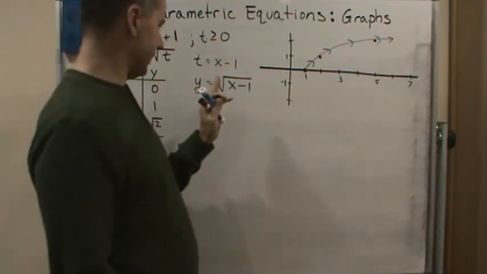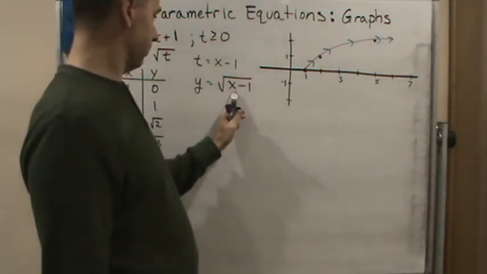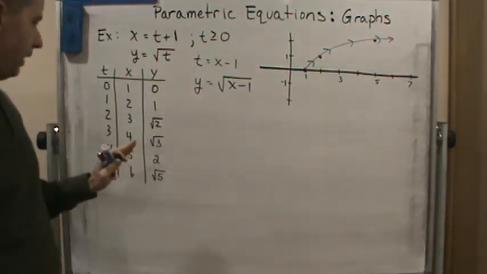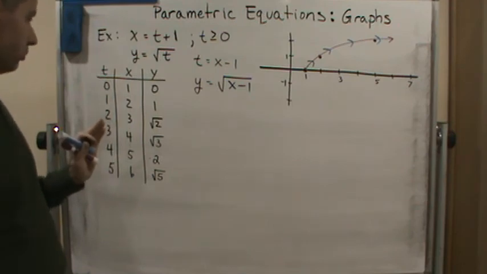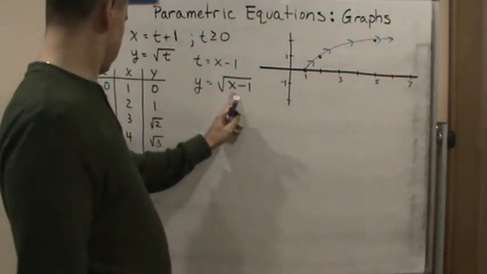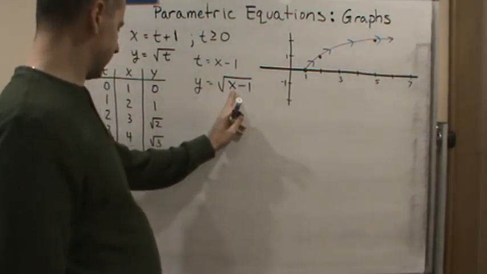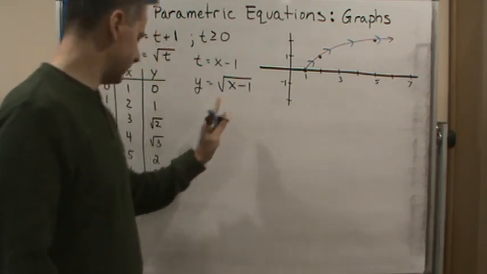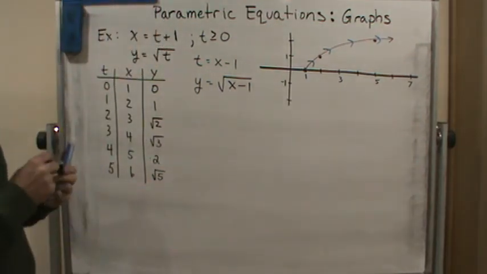And then at x equals 6, you get the square root of 5. That's what I was looking at.